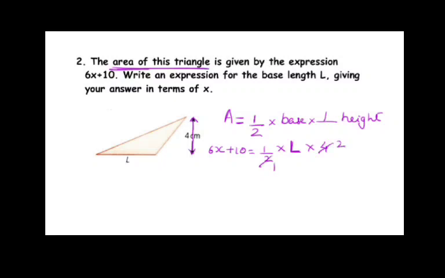So let's rewrite it. It says 6x plus 10 is equal to 2 into L. Correct? Now this 2, I bring it on the other side. When I bring it on the other side, it will divide. So it says 6x plus 10 upon 2, and that's the value of L.